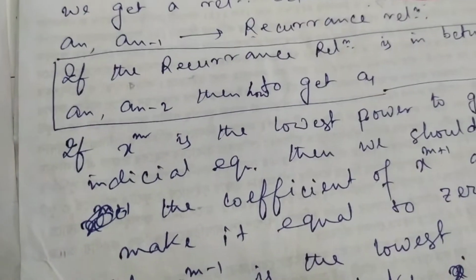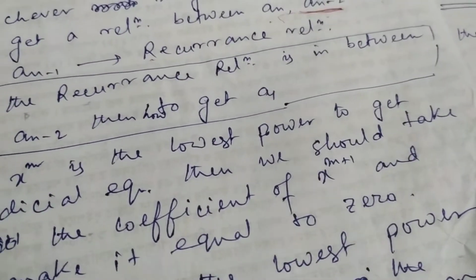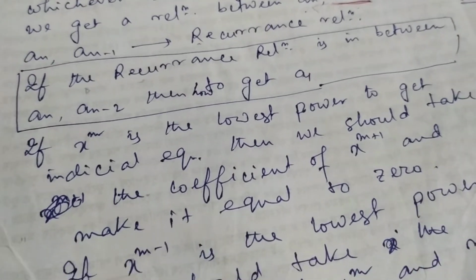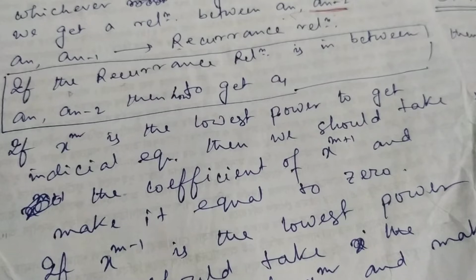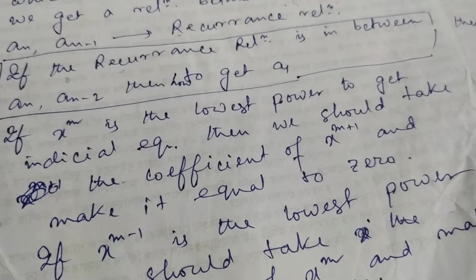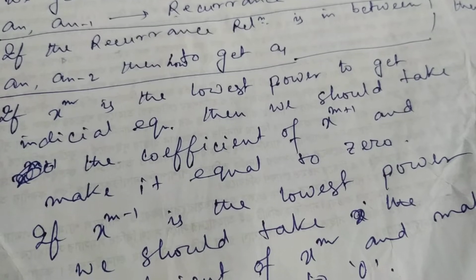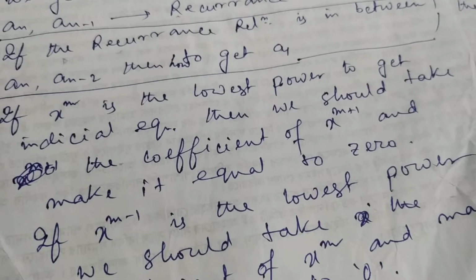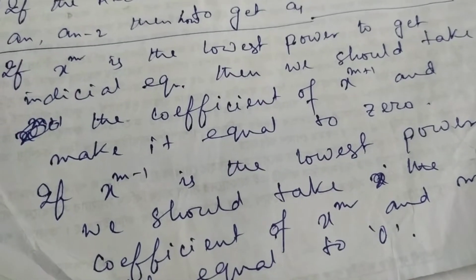If x^m is the lowest power used to get the indicial equation, then we should take the coefficient of x^(m+1), that is the next one, and make it equal to 0.